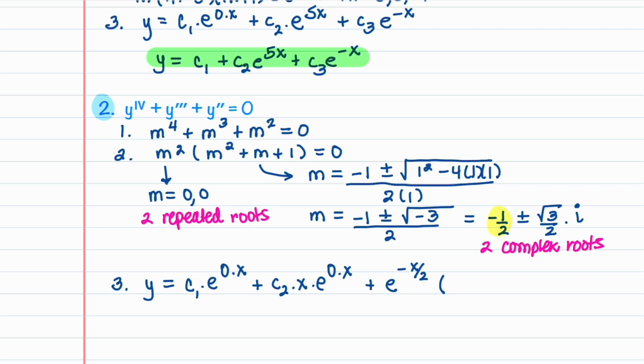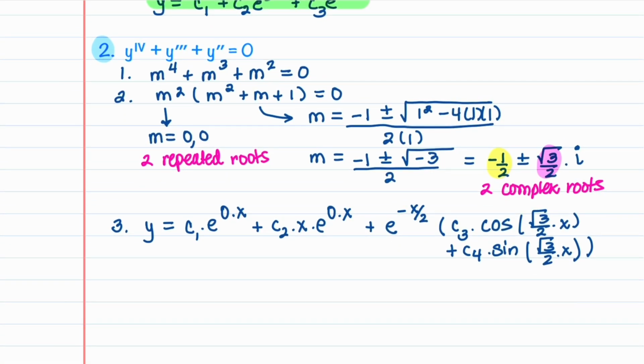And now we have to take into account the complex part, which is the plus or minus root 3 over 2. So this gives us c3 times cosine of root 3 over 2 times x plus c4 times sine of root 3 over 2 times x.